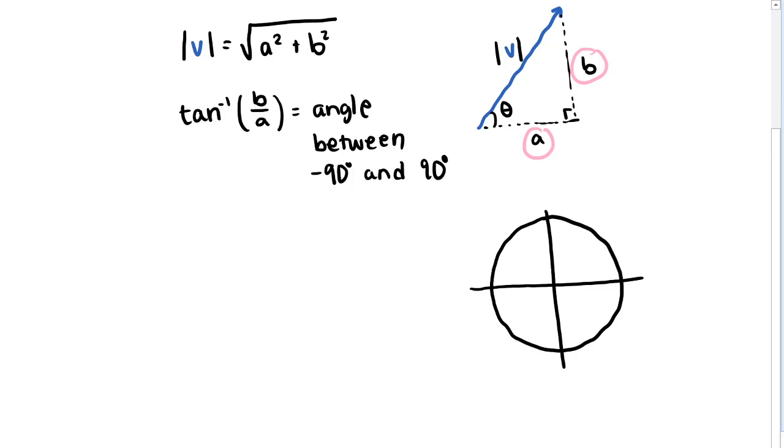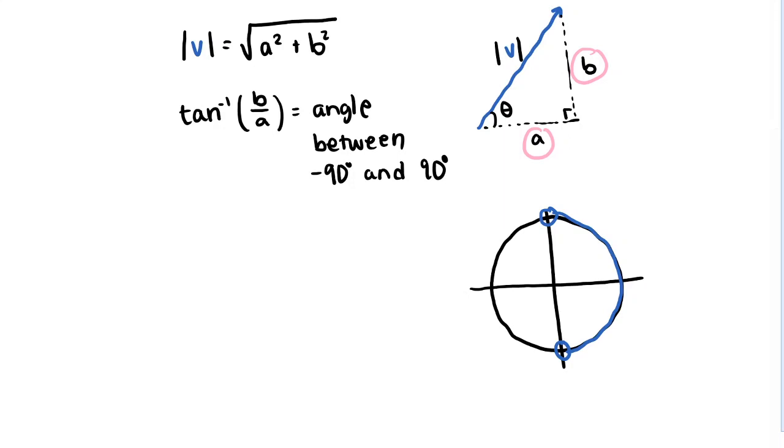And the tangent function is only going to give us back angles between negative 90 and positive 90 degrees, or in other words, on the right side of our unit circle. And so if our vector is pointing to the right, then tangent inverse of b over a is going to give us our angle. But if our vector is pointing to the left, then really we'll have to add on pi, or 180 degrees, to get the correct angle.